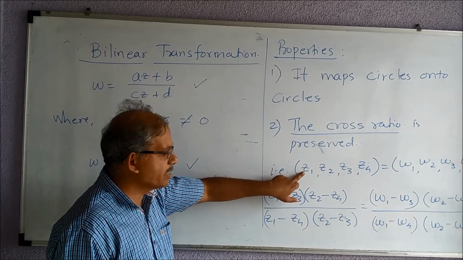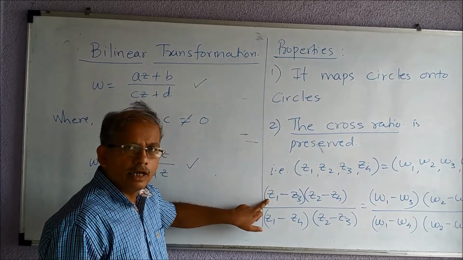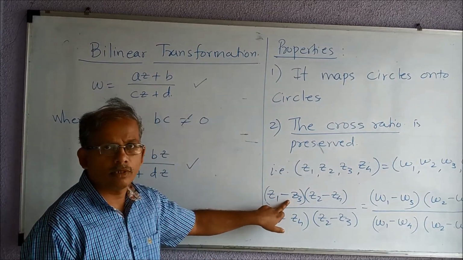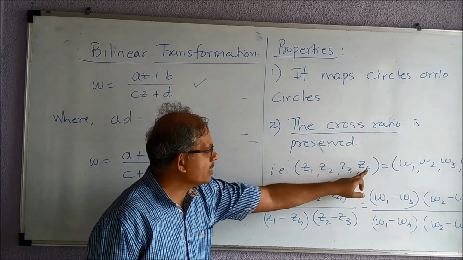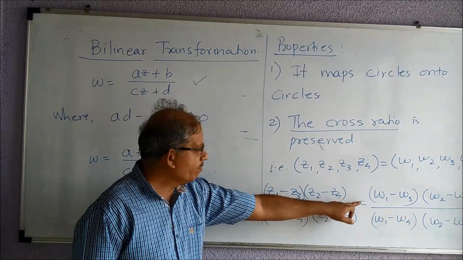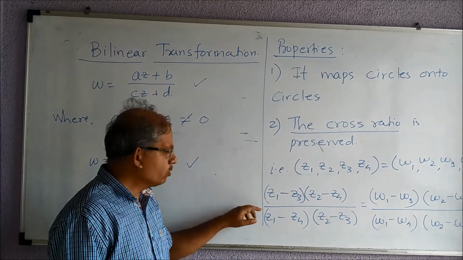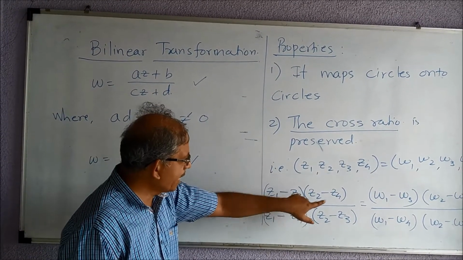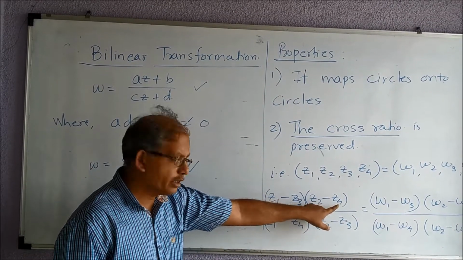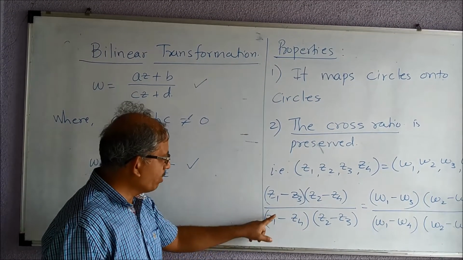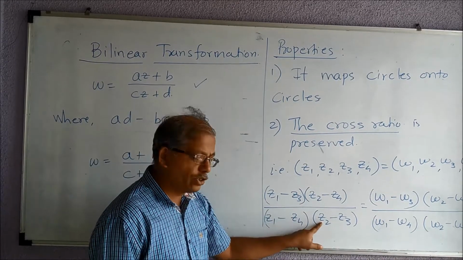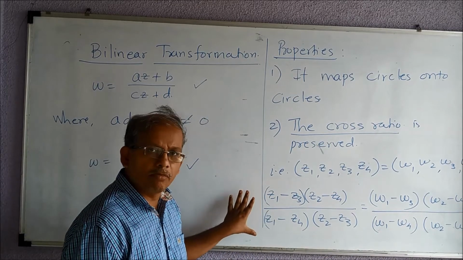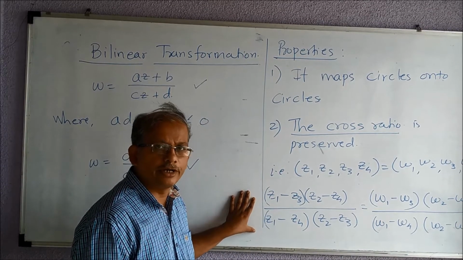The first Z1 I have taken here, and I have made the factor Z1 minus Z3. Next, Z2 minus Z4, divided by Z1 minus Z4, then Z2 minus Z3. Z1 remains as it is, only the subtracted constant I have swapped over here. So you can easily now remember how this constant is created.